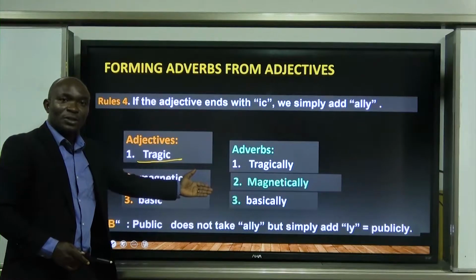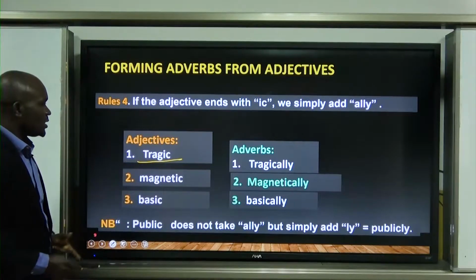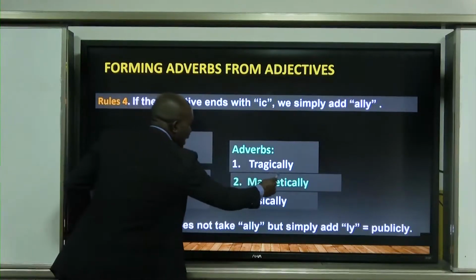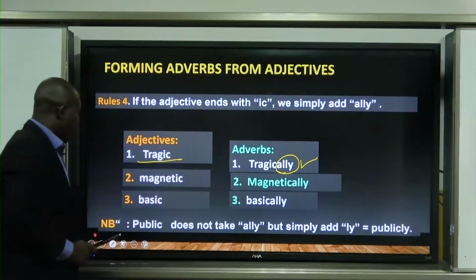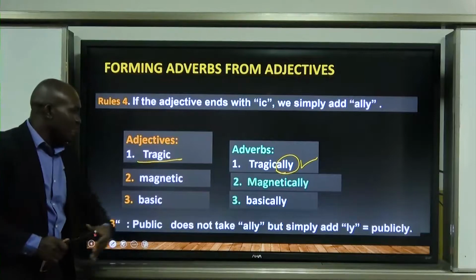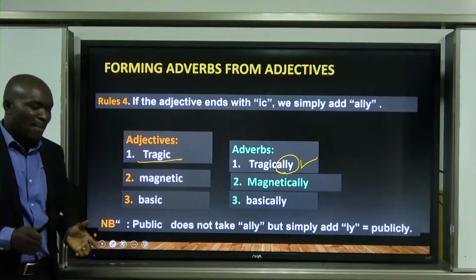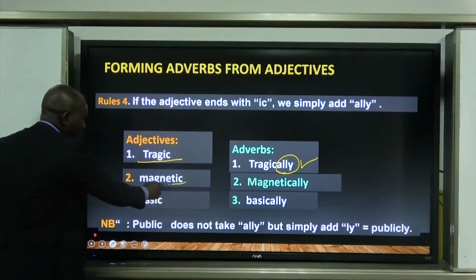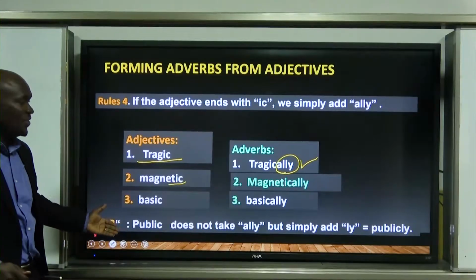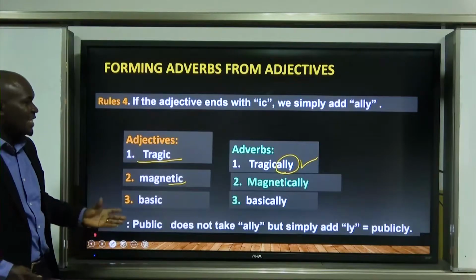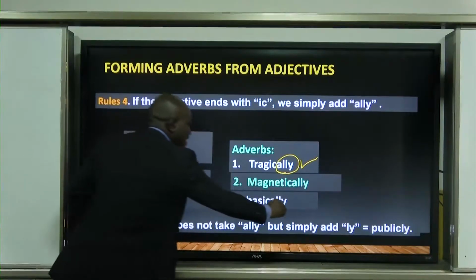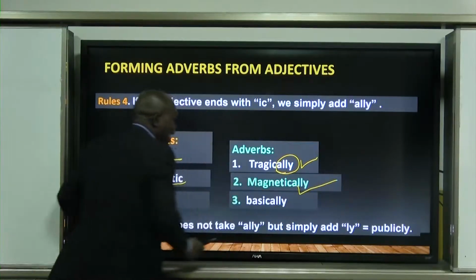And then if you follow the rule, tragic becomes what? You add ally, and you have what? Tragically. It is a magnetic tape. Magnetic as an adjective, then if you follow our rule, you will have what? It happened magnetically.